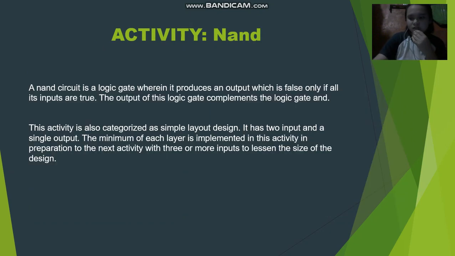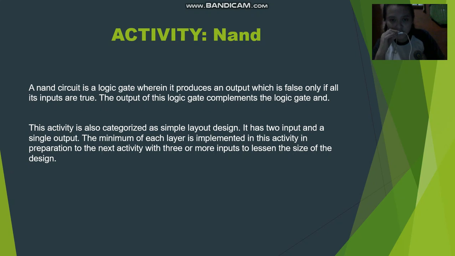So the next activity is NAND. A NAND circuit is a logic gate wherein it produces output which is false only if all its inputs are true. The output of this logic gate complements the logic gate AND. This activity is also categorized as simple layout design.